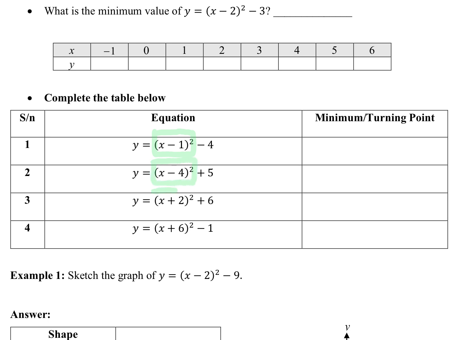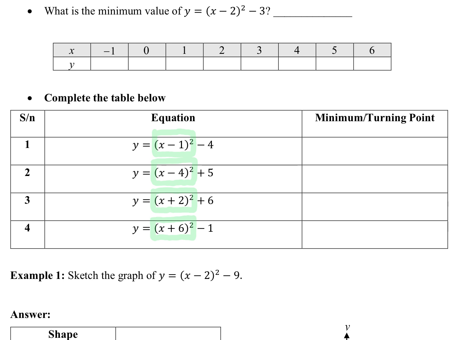Because if you don't make this thing 0, it will become bigger than what it's supposed to be, because your variable is inside. So the only possibility to get your minimum value is to make sure that this thing becomes 0. Because no matter how, I can only at most subtract 4 from it, plus 5, plus 6, minus 1. That value can't change, it's a constant. But to make it the smallest possible, I need to make this thing 0.